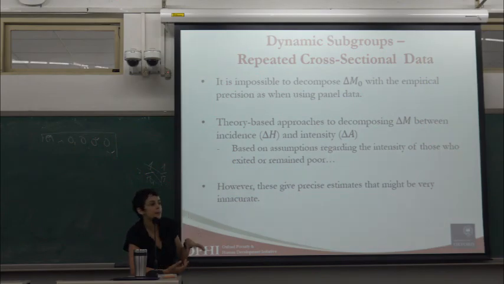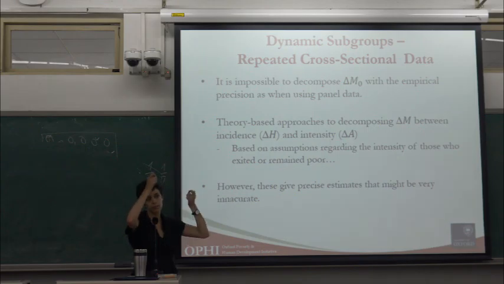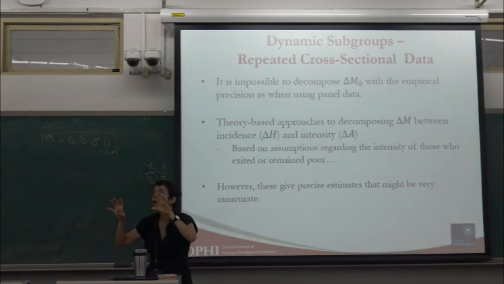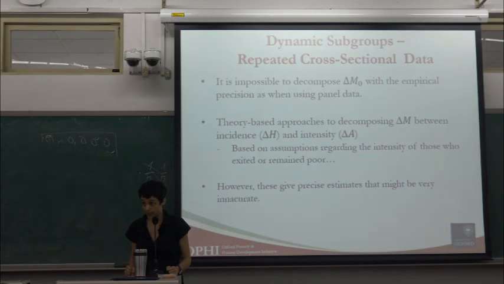They make some assumptions. Let's assume that the intensity of the people who exit poverty was such and such. And let's assume that this change in the headcount is actually people who just exit poverty. Making this kind of assumptions, they come to estimates of the contribution of incidence and intensity to reducing poverty.